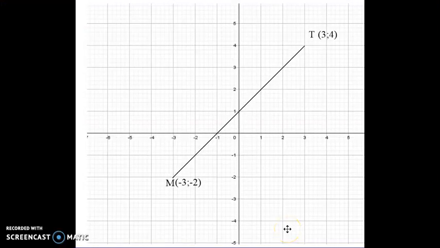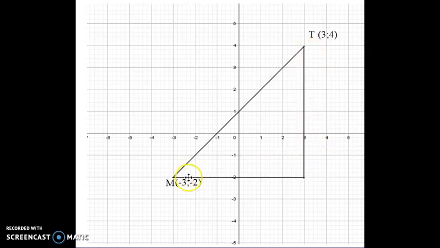Here I have line segment TM, and I want to find the midpoint of this line segment. So the first thing that I need to know is what is this distance. If I count it, 1, 2, 3, 4, 5, 6, and I count this one, my distance is 1, 2, 3, 4, 5, 6.